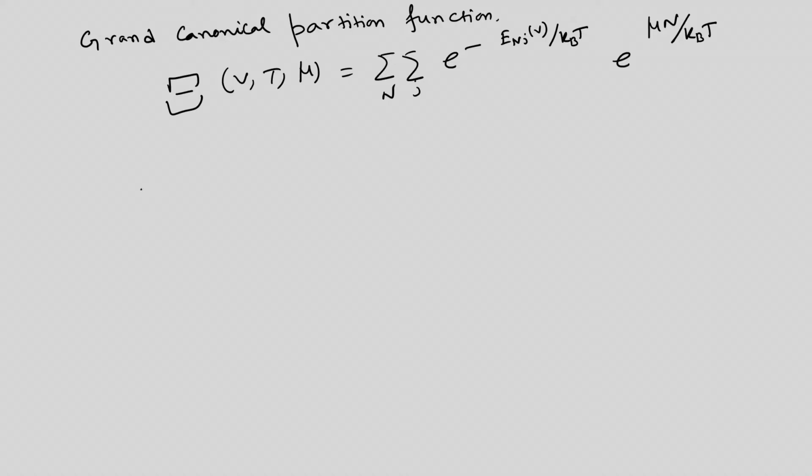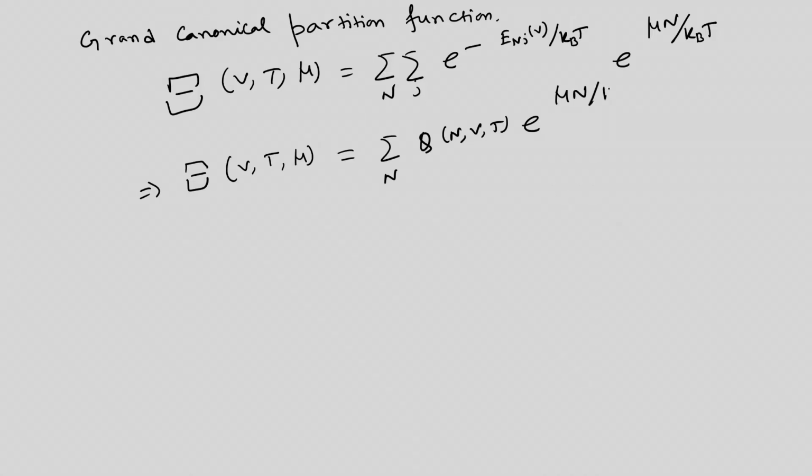So, now what we do, the sum over n will be there and the sum over j of e to the beta E n j, the first term gives q. Okay.